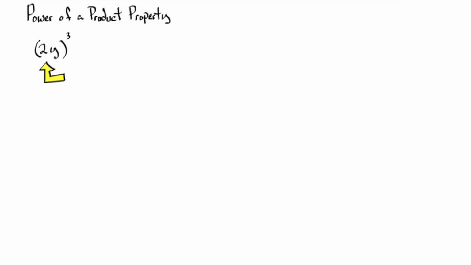Alright, let's look at something else. Power of a product property. So the idea with this is we have 2y as our base and 3 as our exponent. Essentially what we're going to do is distribute this exponent, multiplying it times the exponents of the bases on the inside, which is 1 for this example.